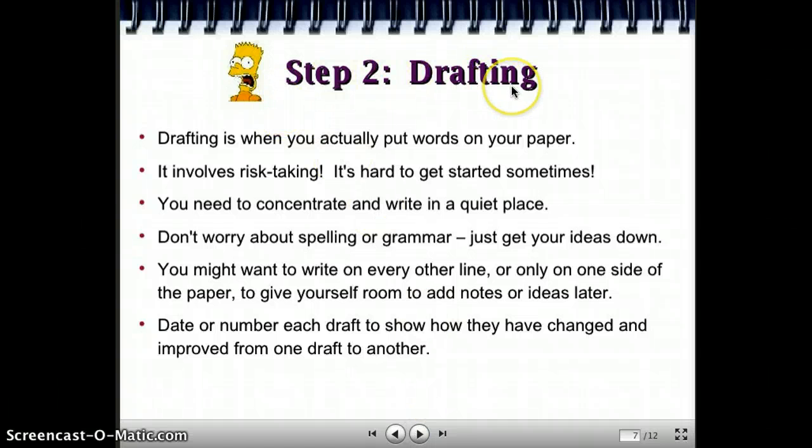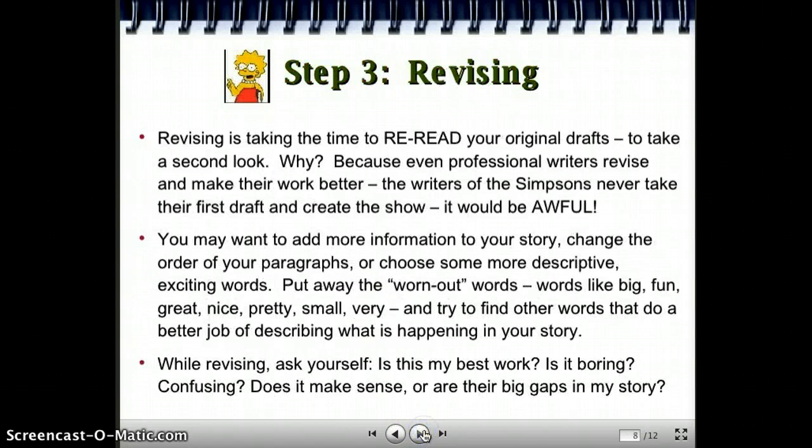We move on to step 2, drafting. This one is a little bit more cleaned up, easier to read, but again we have an erroneous image that is totally unrelated to the topic, and looking at this picture makes it seem that drafting is a scary thing. We have step 3.